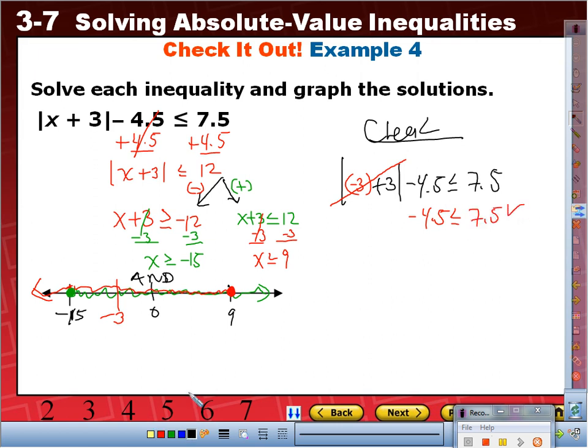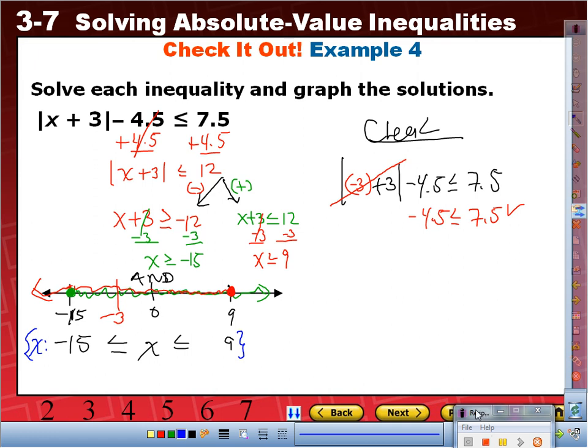Let me write my inequality. What are my extremes? Negative 15, and this one is 9. So negative 15 is less than or equal to x, which is less than or equal to 9. And the solution set is all real numbers x such that that. All right? Hands up if you got that by yourself. Okay, not bad.